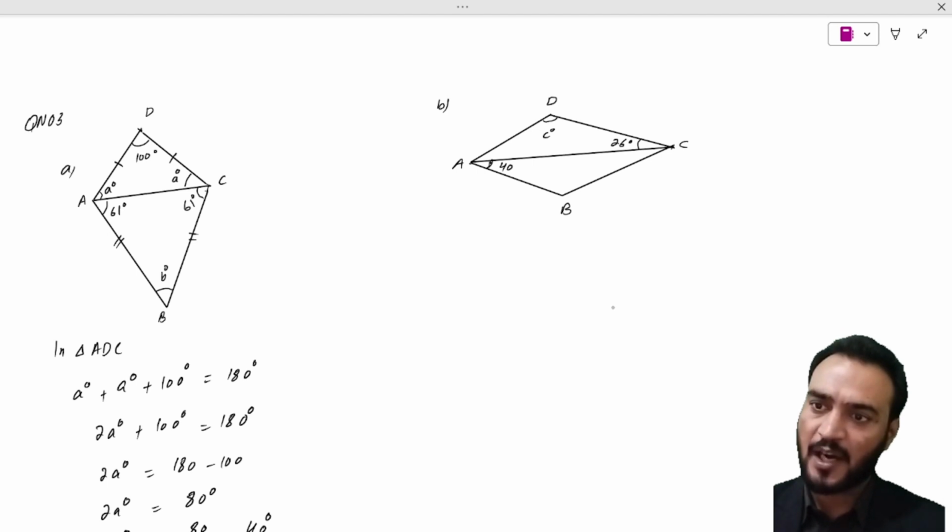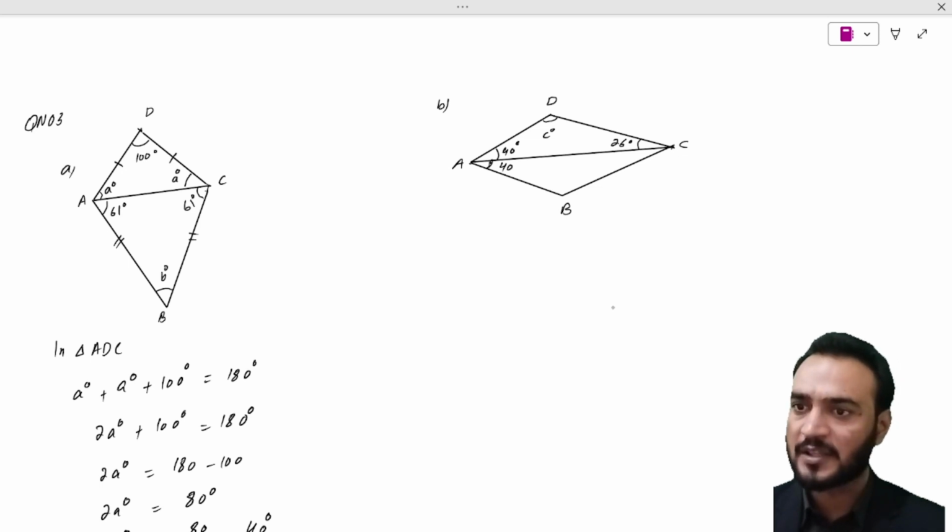As in a kite, the diagonal AC bisects the interior angles. So if DAB is the angle and half of it is equal to 40 degree, then this half is also equal to 40 degrees. So now we will consider the triangle ADC.